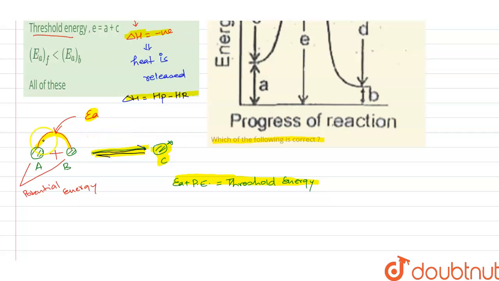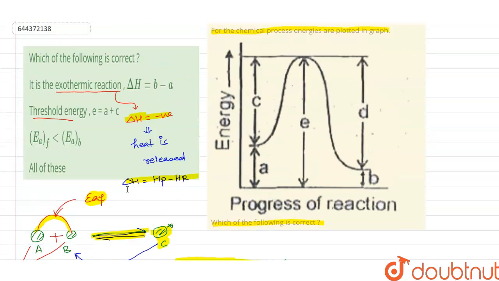In this case, in order to react A and B, we need that extra additional energy of EAF, and in order to convert this product into the reactant again, we require some energy that is called EAB, that is, activation energy in the backward direction. So here we have discussed all the basic terms and concepts. Now we focus on our question.